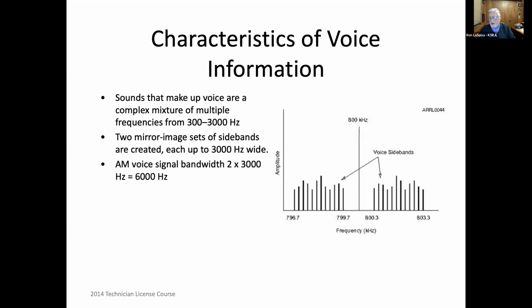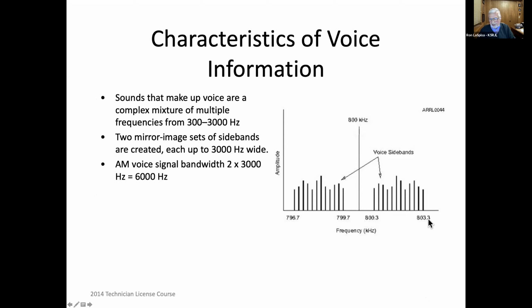The way I'm talking about, I can say high frequencies and I can say low frequencies, and the high frequencies are somewhere over here and the low frequencies are somewhere over here. And if we listen to Phil Sinnett talk, he's probably got frequencies that are even lower than this, because that's Phil for you. But we get two mirror image sets of sidebands that are created, and they're each 3,000 hertz wide.